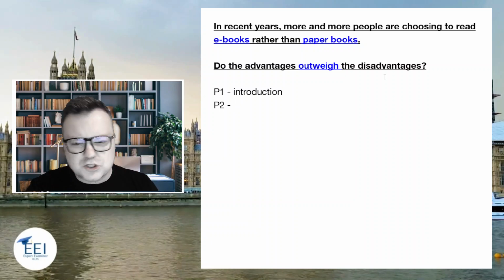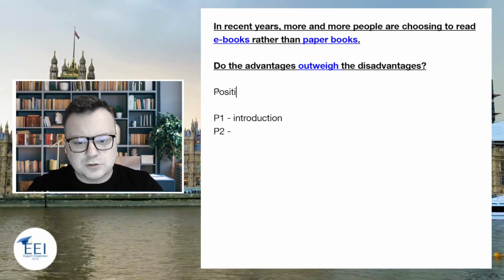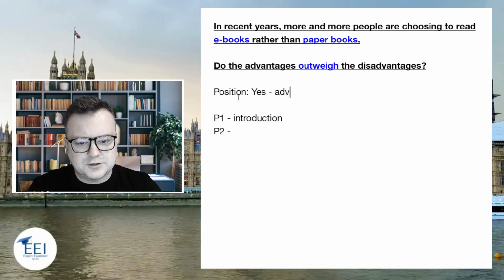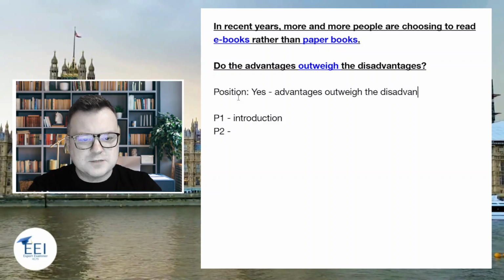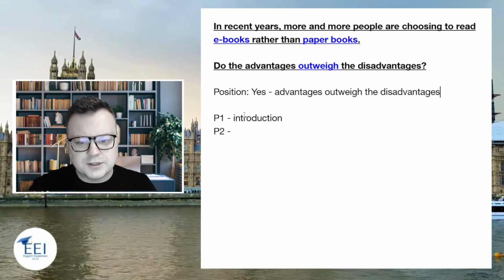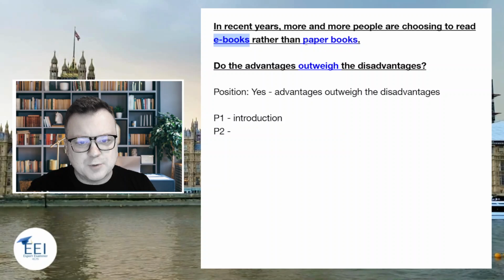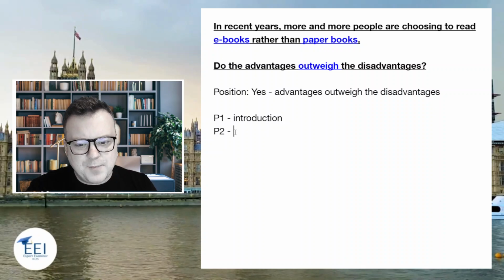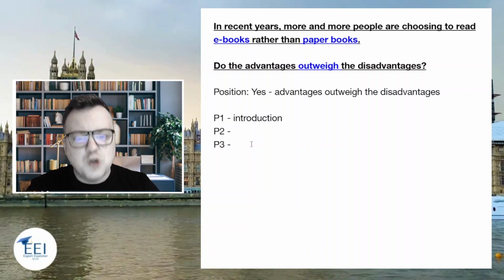Anyway, so first thing I want to do, before I think about the structure, actually, I want to think about my position. So I'm going to take the easy position. Yes. Advantages outweigh the disadvantages. So that's my position. Now the position will help me order the paragraphs, right? So if my position is yes, the advantage of the ebooks outweigh the disadvantages, my paragraph 2 and paragraph 3 will talk about things that are not my position.